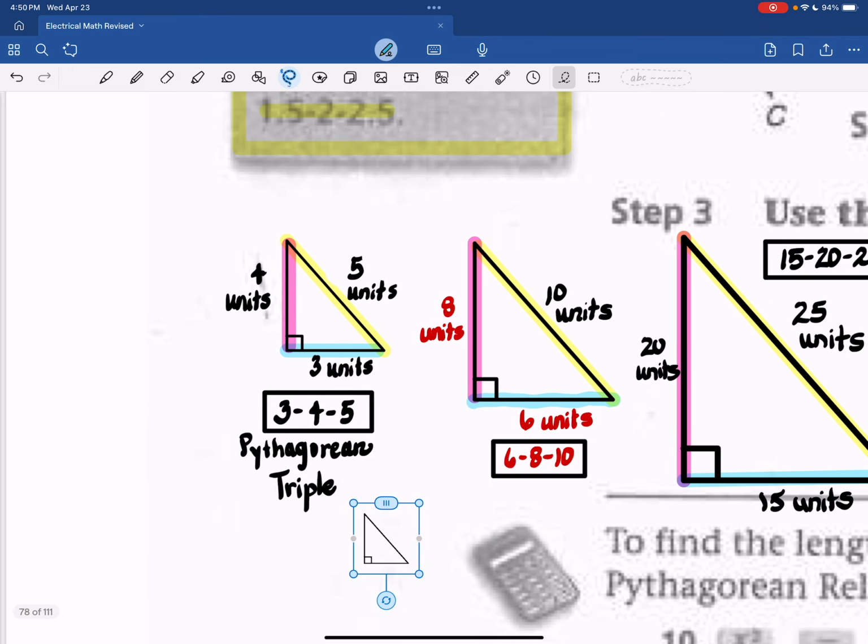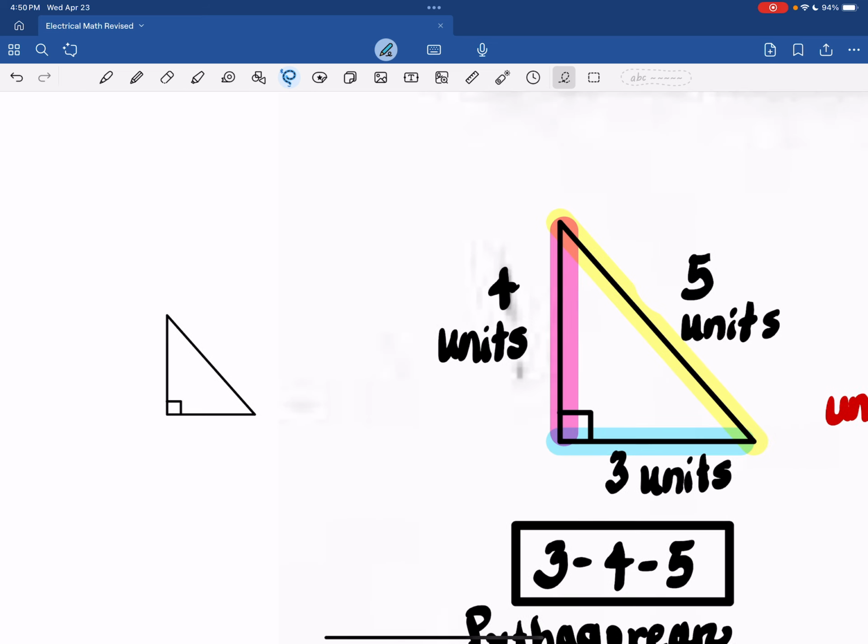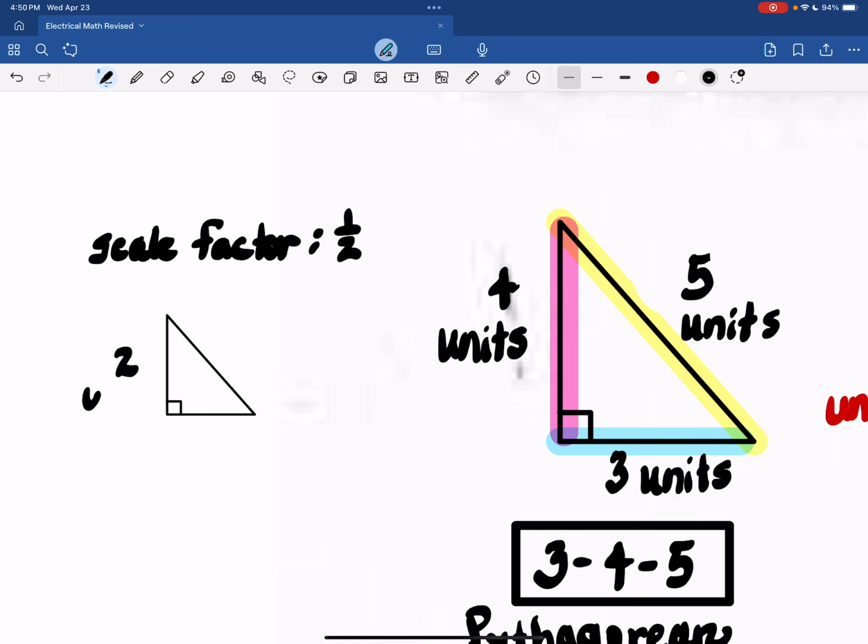We're going to scale it down from the 3, 4, 5. So I'm going to take it down half. So I'm going to say 4 times a half, 5 times a half, and 3 times a half. So this time my scale factor is 1/2. So half of 4 is 2 units.